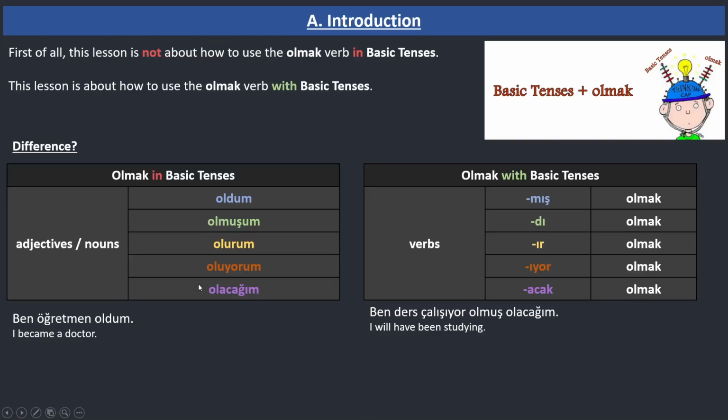So başlayalım. Hemen konumuza giriş yapalım. I can't stress this enough because this is not olmak verb in basic tenses. This is olmak verb with basic tenses. There's a difference. And the difference is olmak in basic tenses is basically how you conjugate olmak, like oldum, olmuşum, olurum, oluyorum, olacağım.